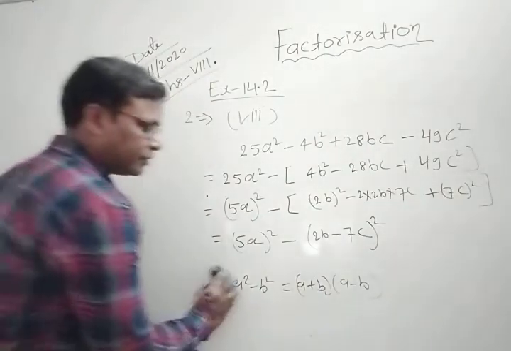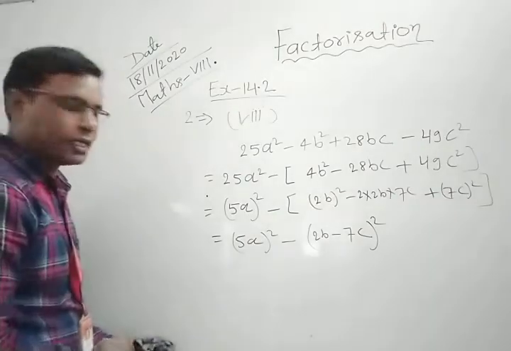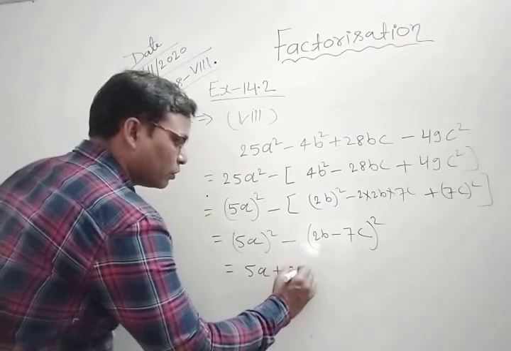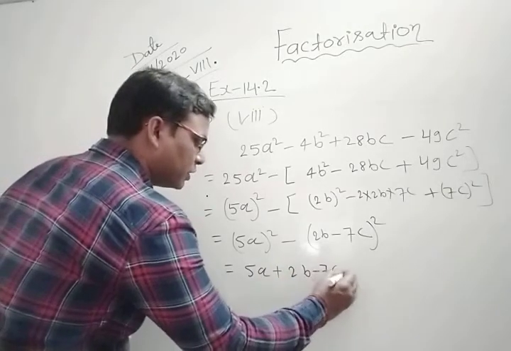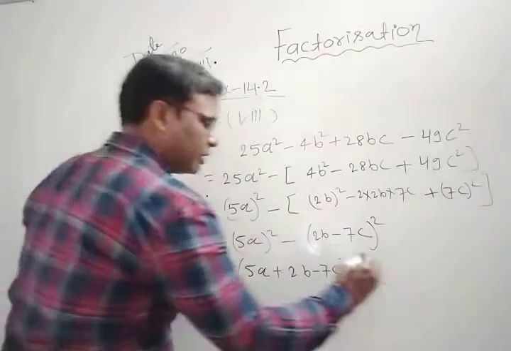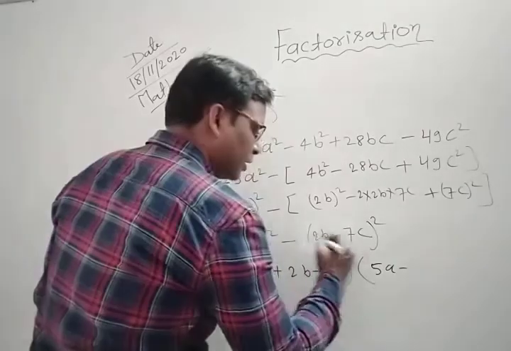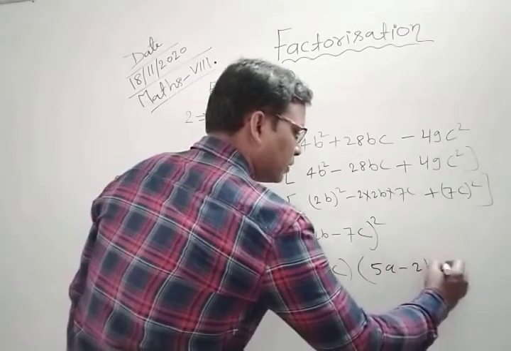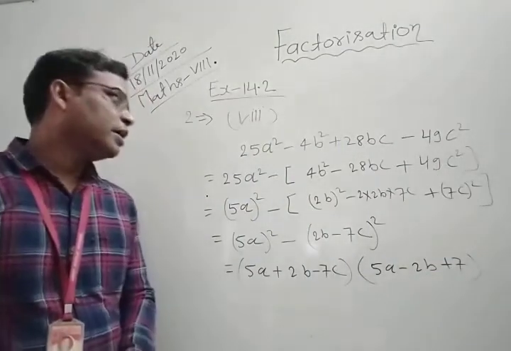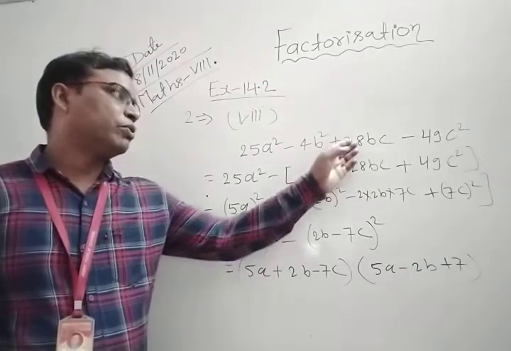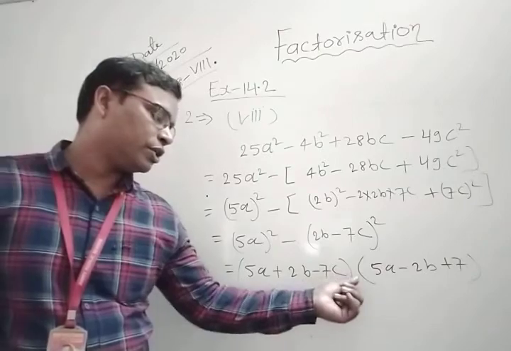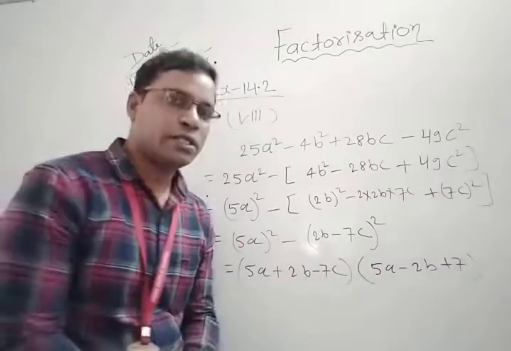So we can write it as 5a plus (2b minus 7c) into 5a minus (2b minus 7c), which becomes 5a minus 2b plus 7c. So these are the factors of 25a square minus 4b square plus 28bc minus 49c square, equal to (5a plus 2b minus 7c) into (5a minus 2b plus 7c).